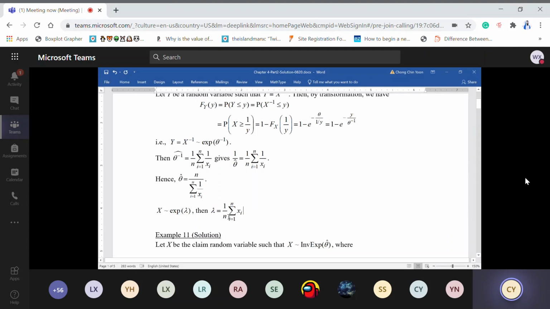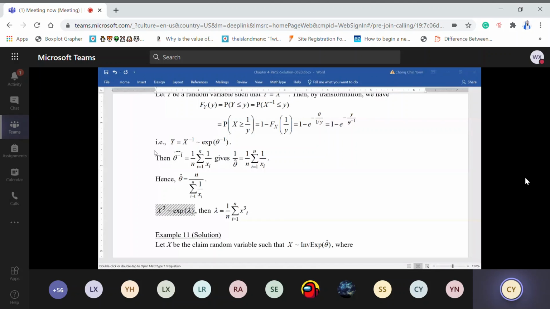Okay, if let's say my x to the power 3 is exponentially distributed with this parameter lambda, so what's my lambda? Then my lambda will be equal to this summation. Because you can see the x cube here also follows.